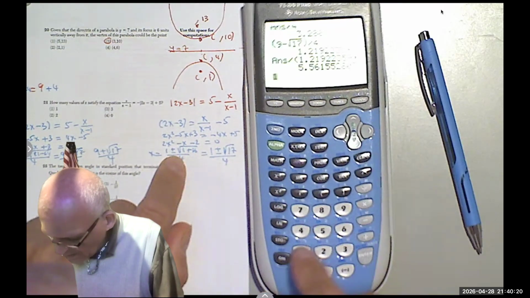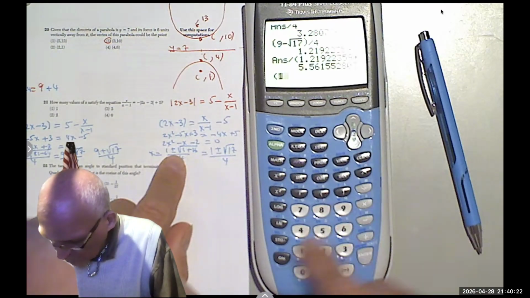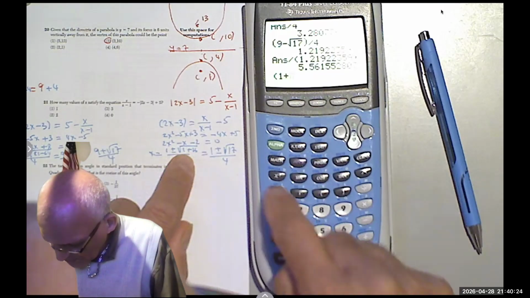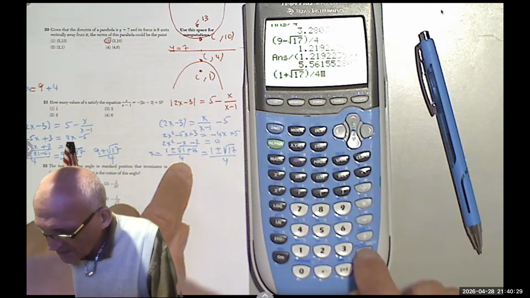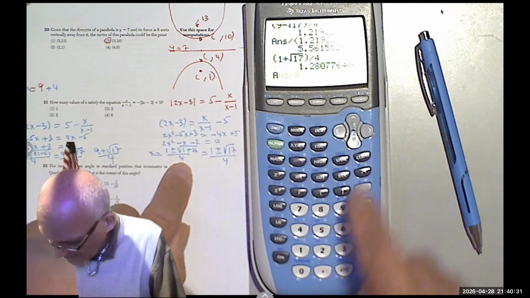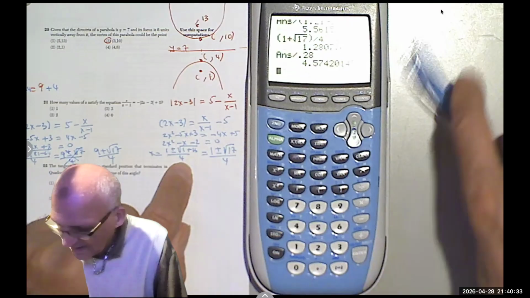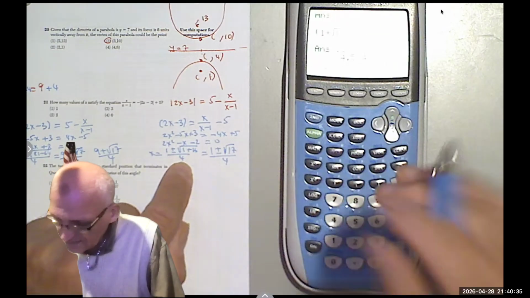So let's say 1, again, between parentheses, 1 plus square root of 17 over 4 is 1.28. If I divide that by 0.28, I get, wait a second.